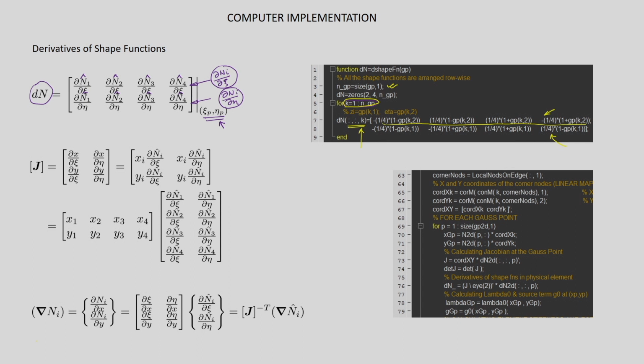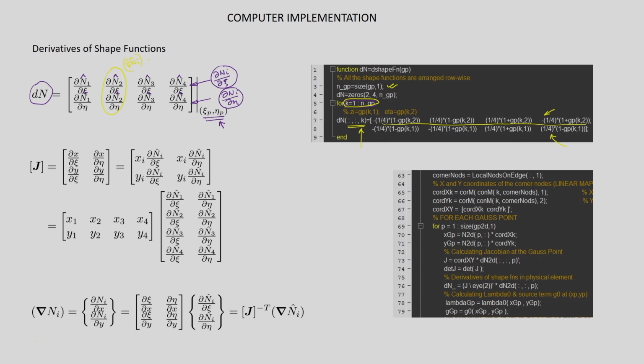Once we are ready with the derivatives of these ni's, note down that a column of this Dn matrix denotes the gradient of ni hat.